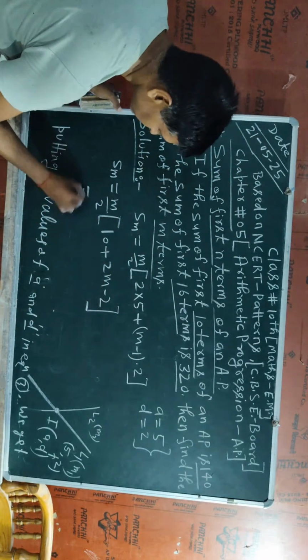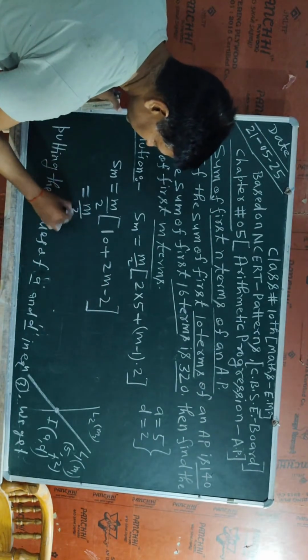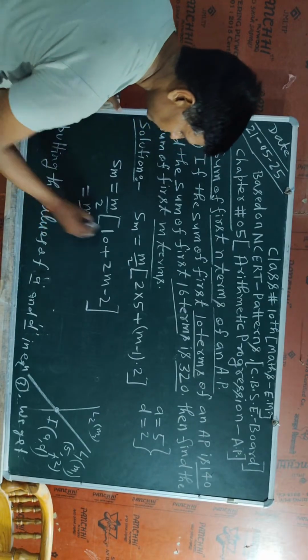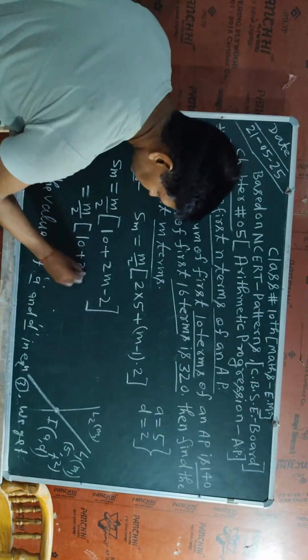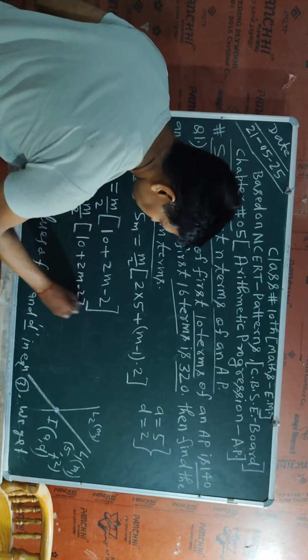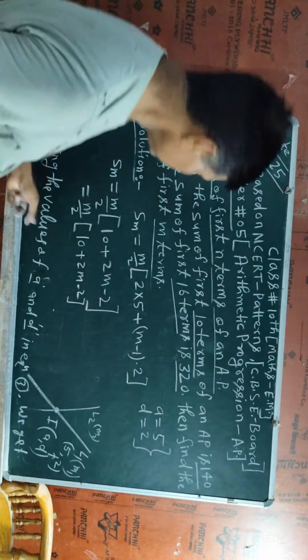After multiplying I will write m divided by 2, and then here 10 plus 2m minus 2. So I am going to simplify it.